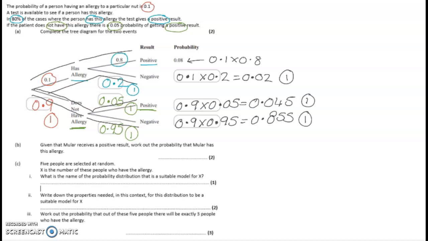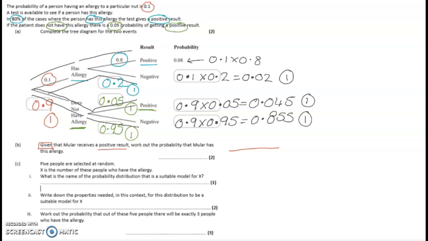Part B. Given that Moolah receives a positive result, work out the probability that Moolah has the allergy. The big word in this is given. That means it's a fraction. Given that they have a positive result. There are 2 ways I could have a positive result.